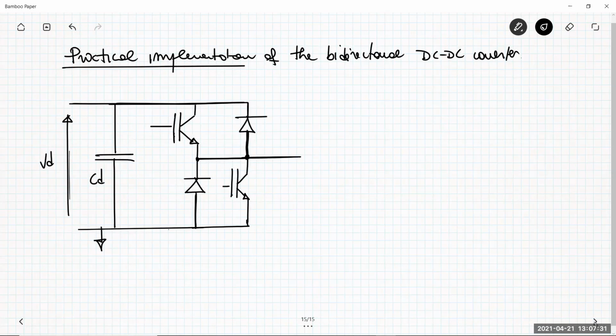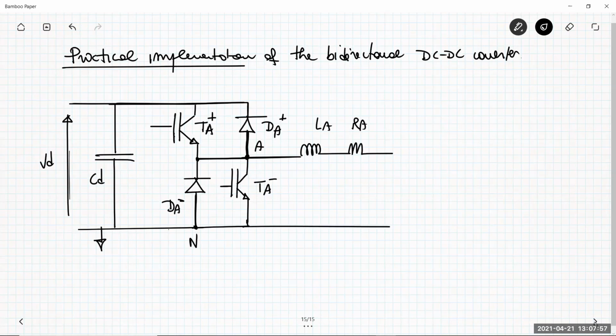You have two switches: this is TA plus, TA minus, DA plus, DA minus. This is the node A, this is the node N, and then we have LA, RA, so the motor model.